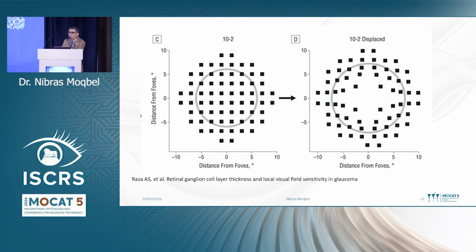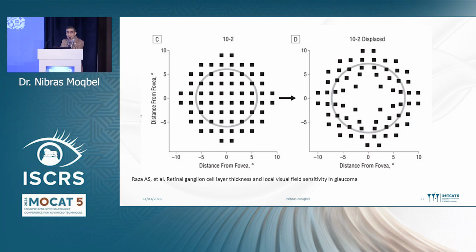plots. You can see the smaller ones and the larger ones. In a similar fashion, we also have the probability map for the ganglion cell layer. It's also mapped as a flipped image, similar to the visual field. The larger dots are related to the 24-2, while the smaller dots are related to the 10-2.